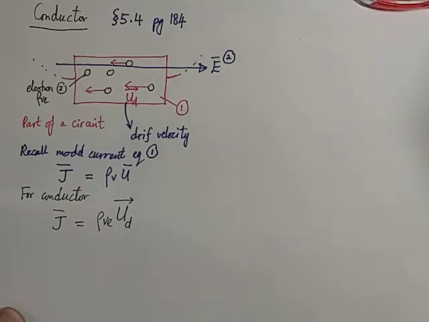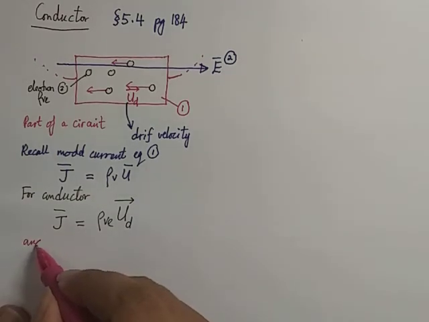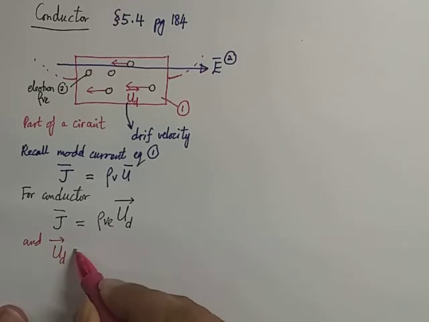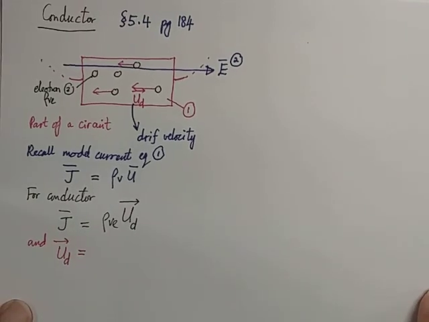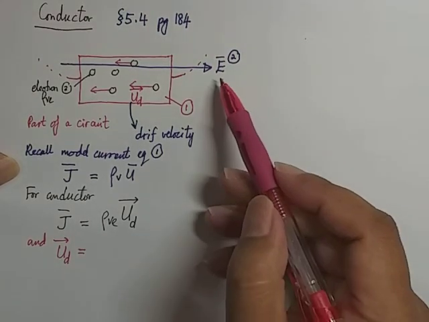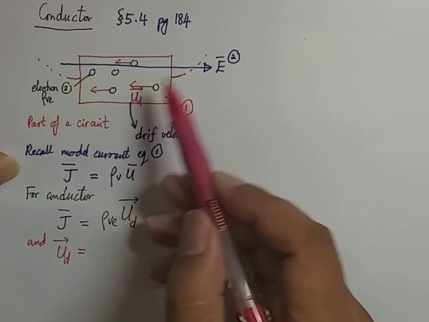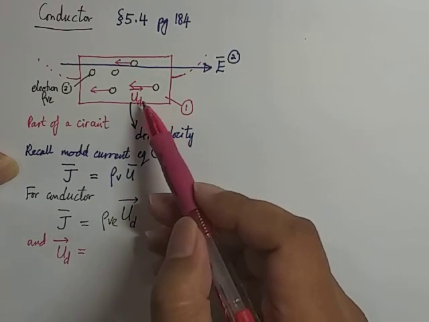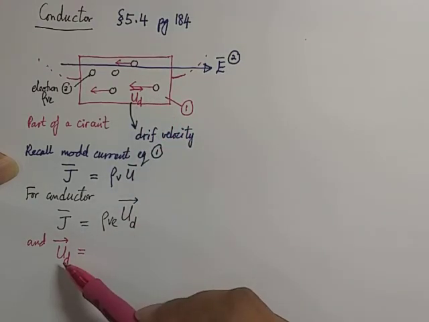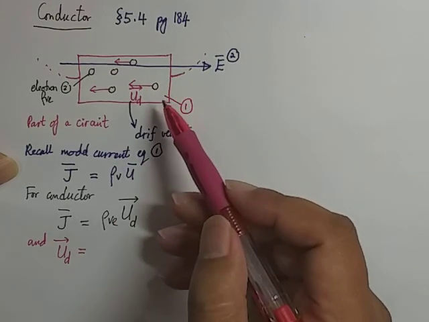And actually the components affecting UD can be defined as follows. First, there must be an electric field, correct? When there's an electric field, it creates movement. Without an electric field, there is no movement of the electron. Therefore, for UD to appear, there must be an electric field applied to the conductor.